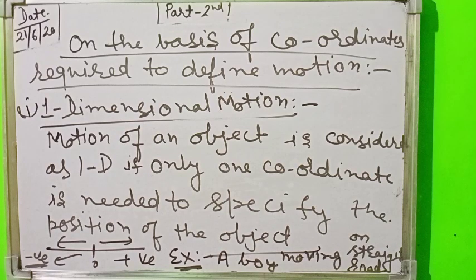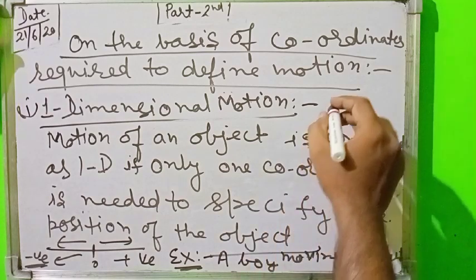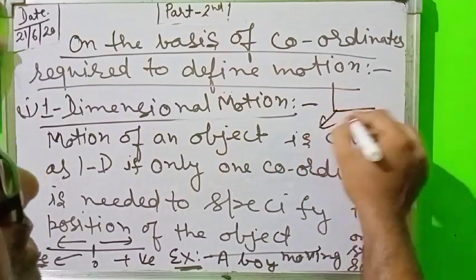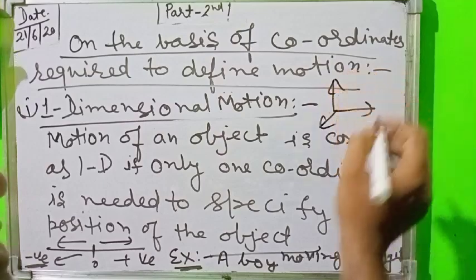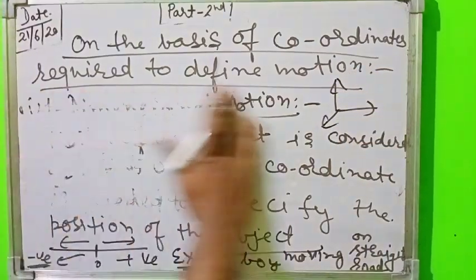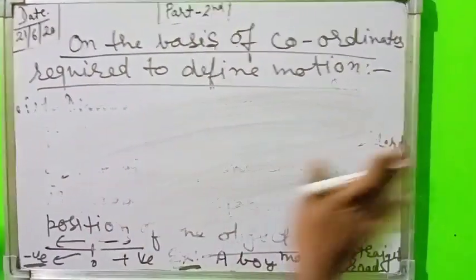Now two-dimensional motion. Two-dimensional motion means two coordinates are changing.